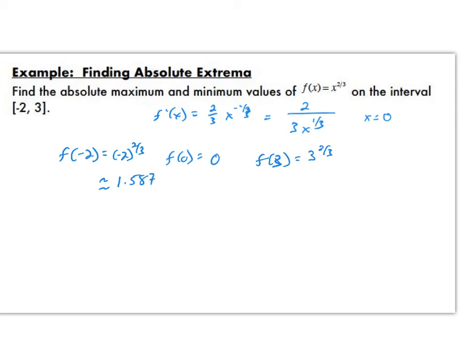And if I take 3 to the 2/3 power and try to figure out what that is in my calculator, I'm going to end up getting approximately 2.080 when I round to 3 places. So I have now what my max is that occurs at x is equal to 3, and then there's my minimum when x is equal to 0. So again, not terribly surprised by that once we punch it into the original function.